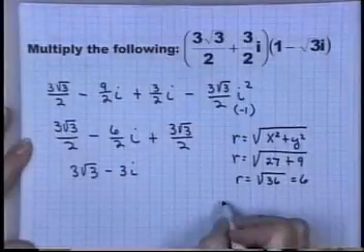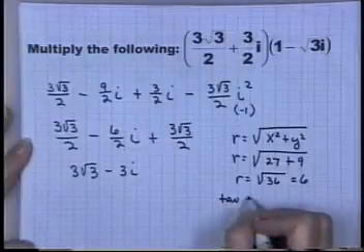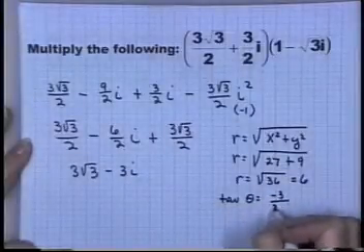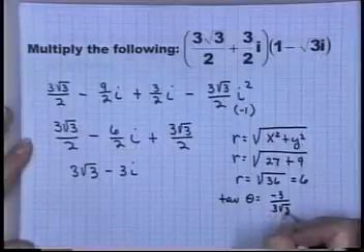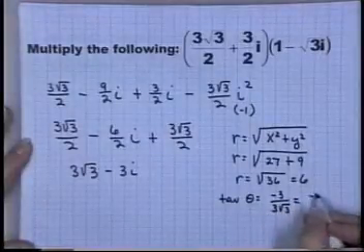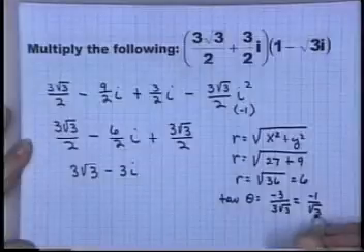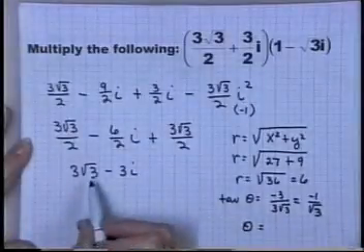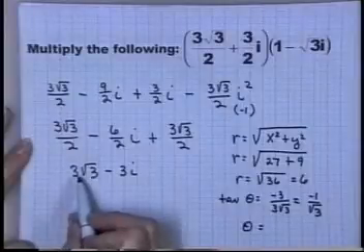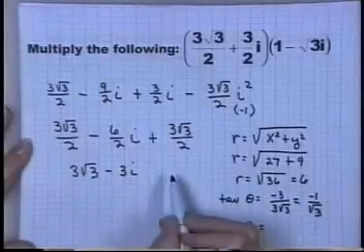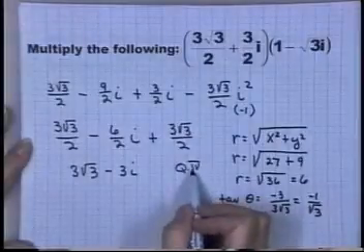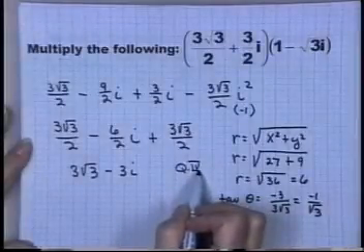Okay? And then recall that the tangent of theta is our y, which is negative 3, over our x, 3 square root 3. We can reduce this to negative 1 over the square root of 3. Now remember, as we select the value of theta, we're going to think about the quadrant. If x is positive and y is negative, we're going to be in quadrant 4. Okay?